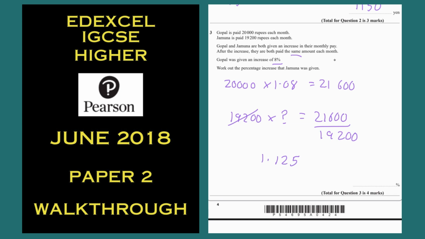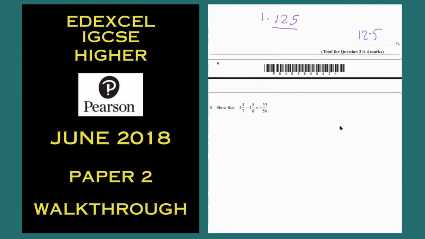But that's not your answer, because that's your multiplier. It's not a percentage. Your percentage is what comes after the decimal point. There are some people I bet who times it by 100 and they'll end up with 112.5%. But as long as you've got 12.5% as the increase, no one cares how you got there.